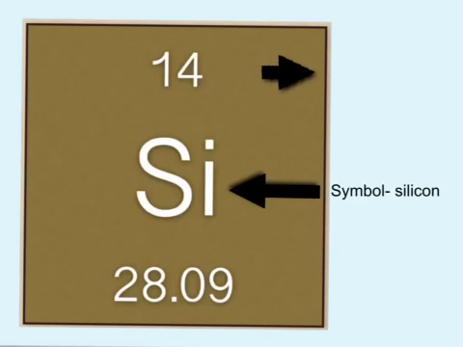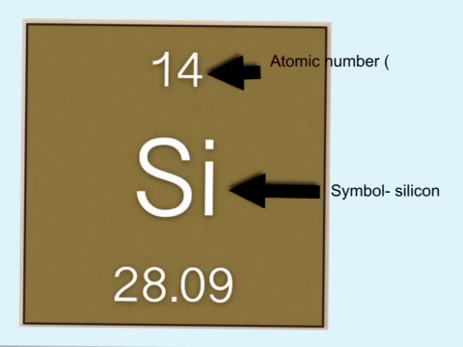The smaller numerical number, which is not always on the top, but the smaller numerical number, that is going to stand for, can you guess? The atomic number. And that is the number of protons.